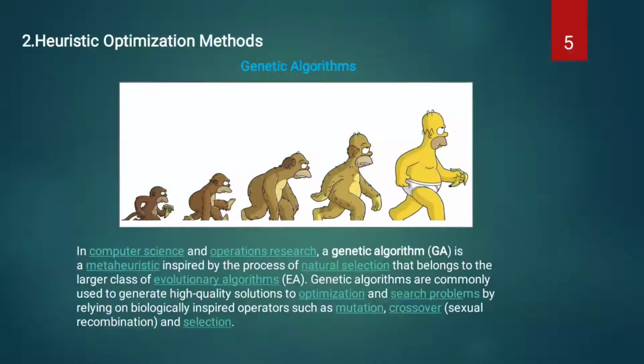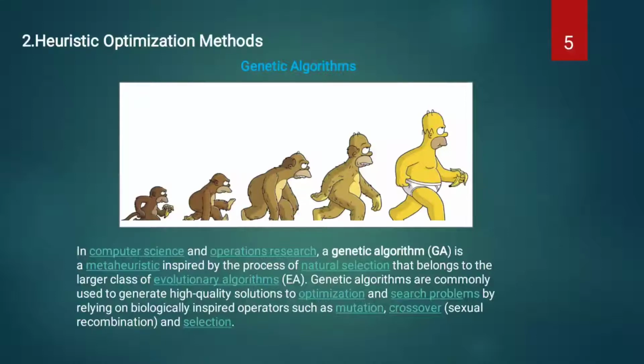A long time ago, we often heard that humans evolved from the ape. This view comes from Charles Darwin's theory of evolution, and the genetic algorithm definition comes from Wikipedia. It says that in computer science and operations research, a genetic algorithm (GA) is a meta-heuristic inspired by the process of natural selection that belongs to the larger class of evolutionary algorithms (EA).